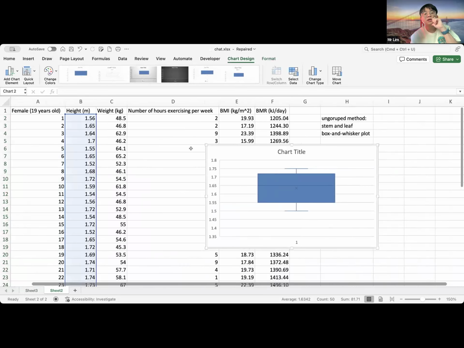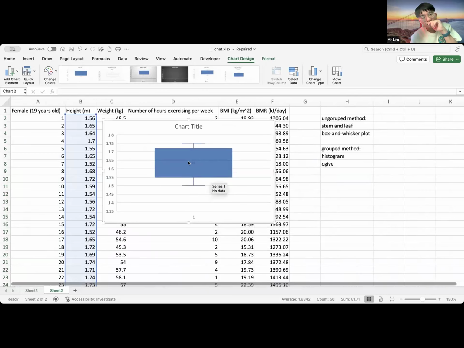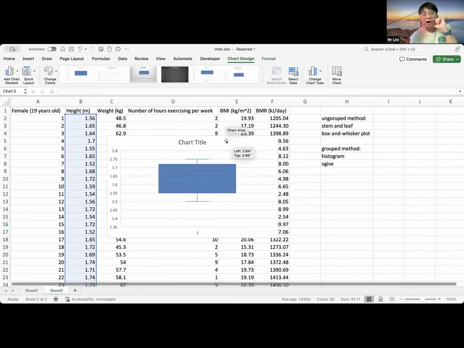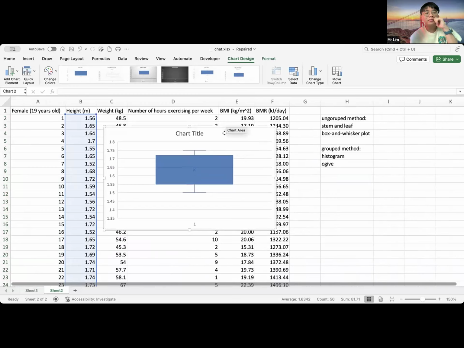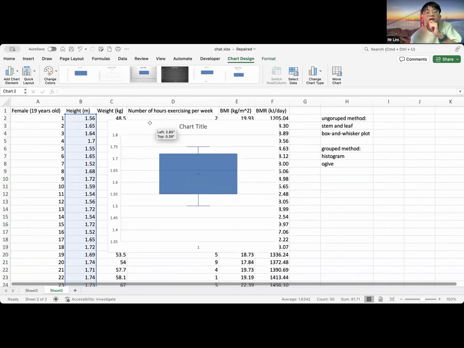All right, this is your box and whisker plot. Maybe at first you might not understand why it is like this, right? First of all, I think the elements that you need they already give you.